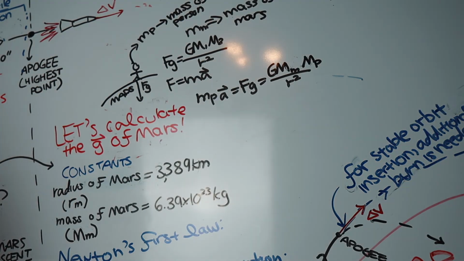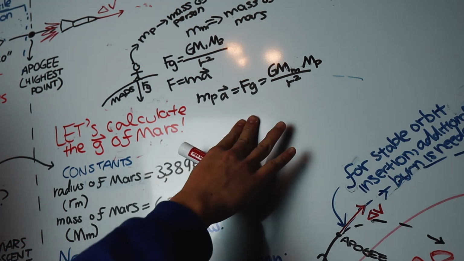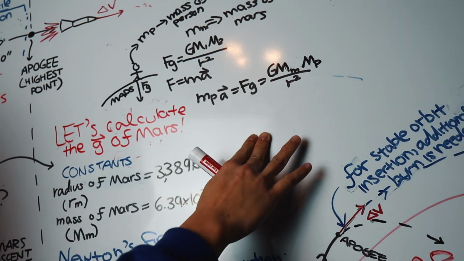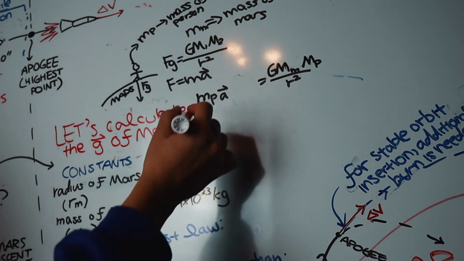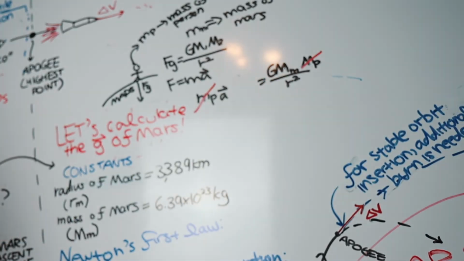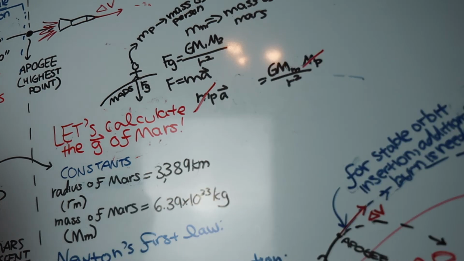Here we can clearly see that this side equals this side, so we can just get rid of Fg, and we can cancel out mp, since these are the same value.